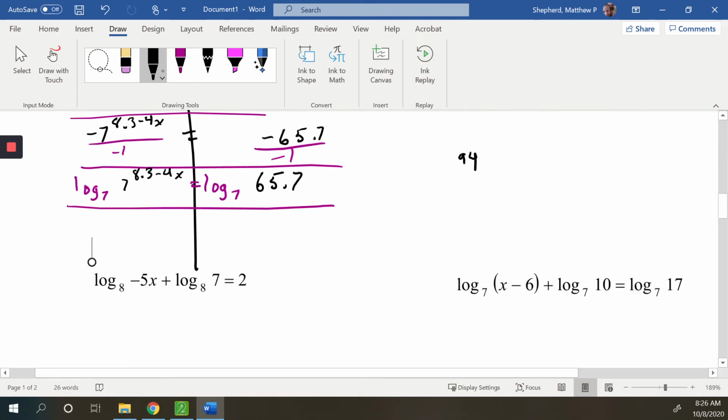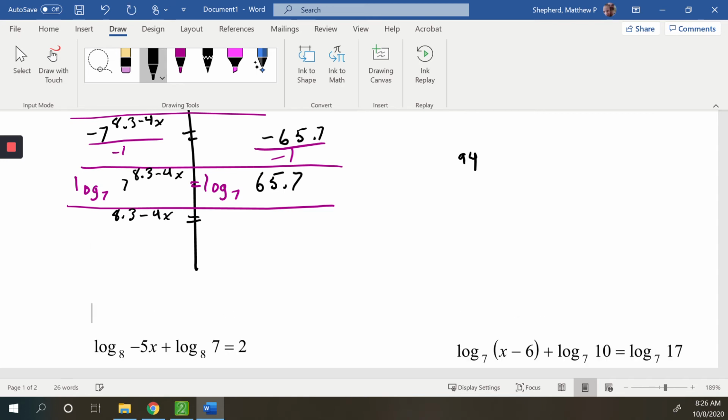Once we do that, we then have our 8.3 minus 4x is equal to the log base 7 of 65.7. Minus 8.3 from both sides.